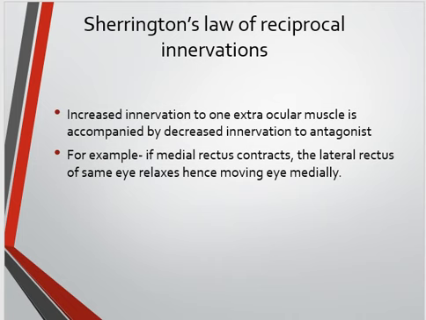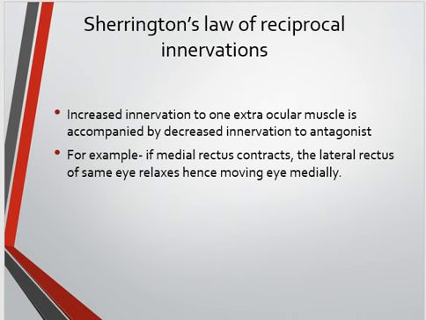So, say for example, if the medial rectus is contracting, that is, the medial rectus wants to move the eye inwards, its antagonist is the lateral rectus, which moves the eye outwards.